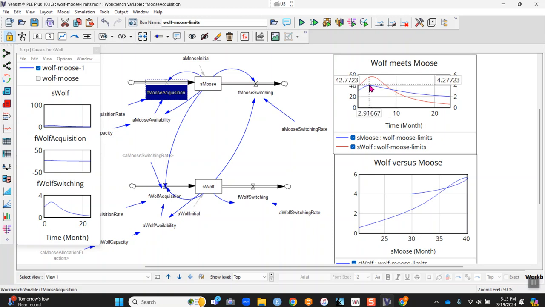Oh, what is this number? So one is 36 and the other is 4. Right around here, it begins to change.